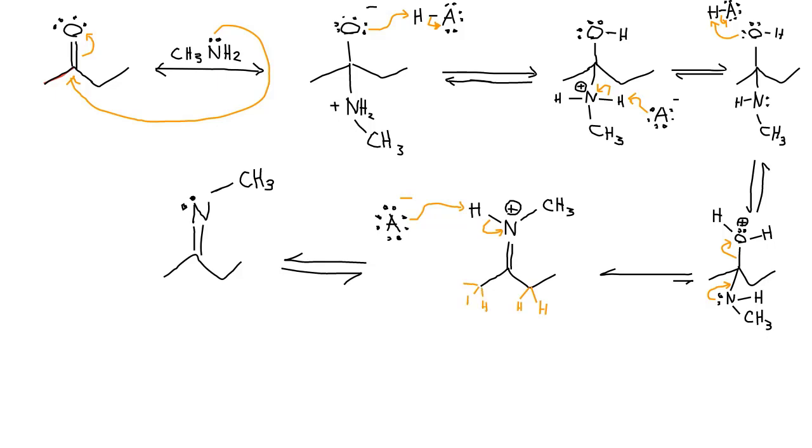But you would try to make the most stable enamine possible. Basically, the base, CH3NH2, would take one of those hydrogens away, form the double bond right there, and kick those electrons back up to the nitrogen.